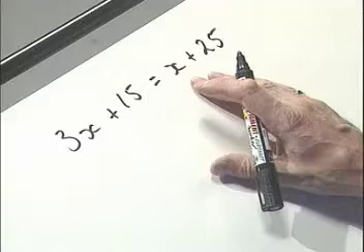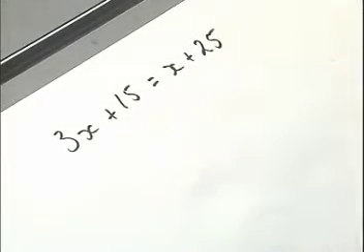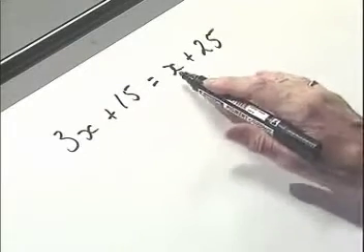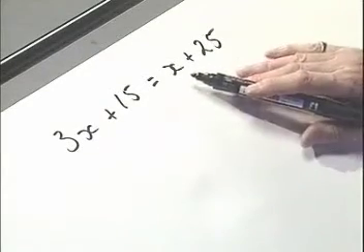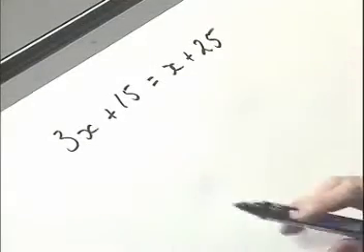Our first step in solving any equation is to attempt to gather all the x's together and all these free-floating numbers together. So, to begin with, we've got 3x here and x here. So if we take an x away from both sides, we take an x off there and an x off there.